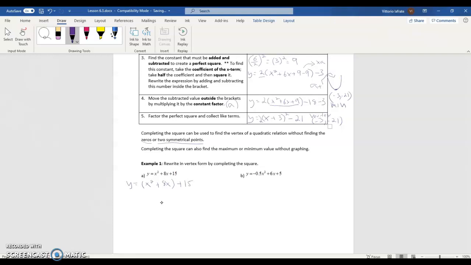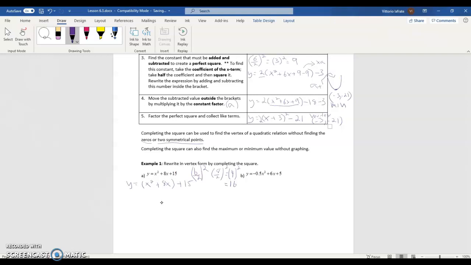So we need to find the value that will make this a perfect square. So remember that we want to do that by taking our b value, dividing it by 2, and then squaring it. So in other words, we're going to do 8 over 2 squared, which is equal to 4 squared, which is equal to 16.